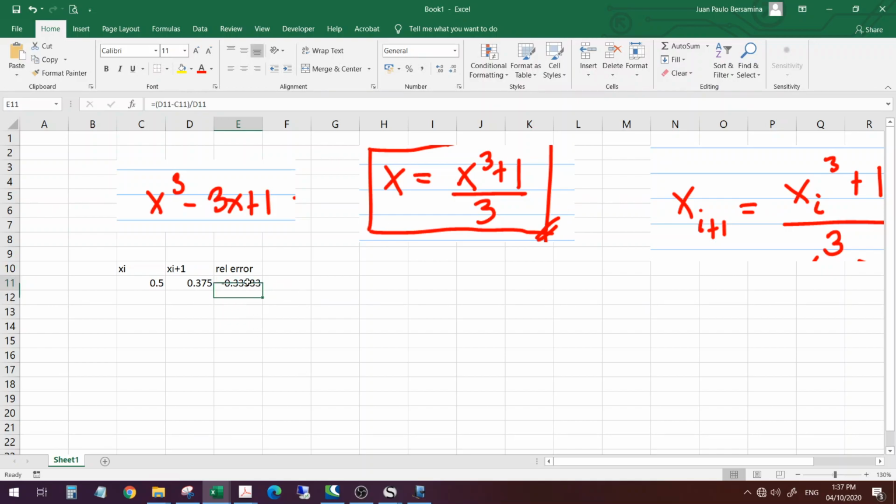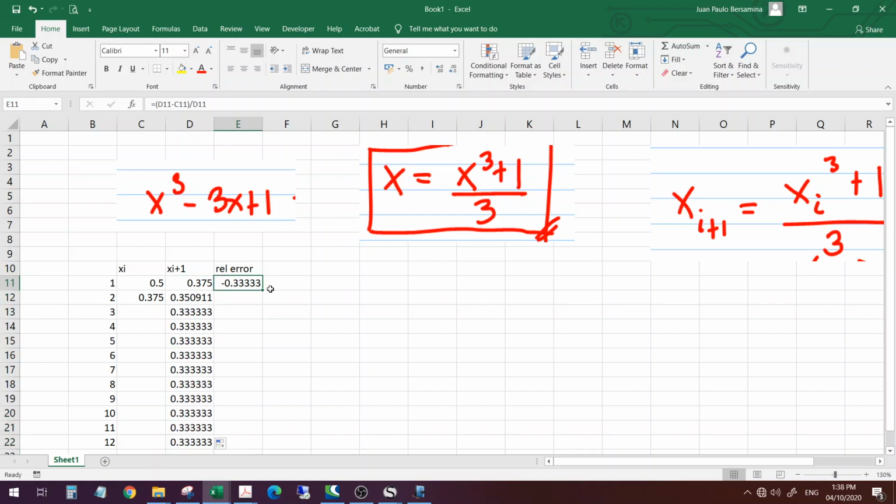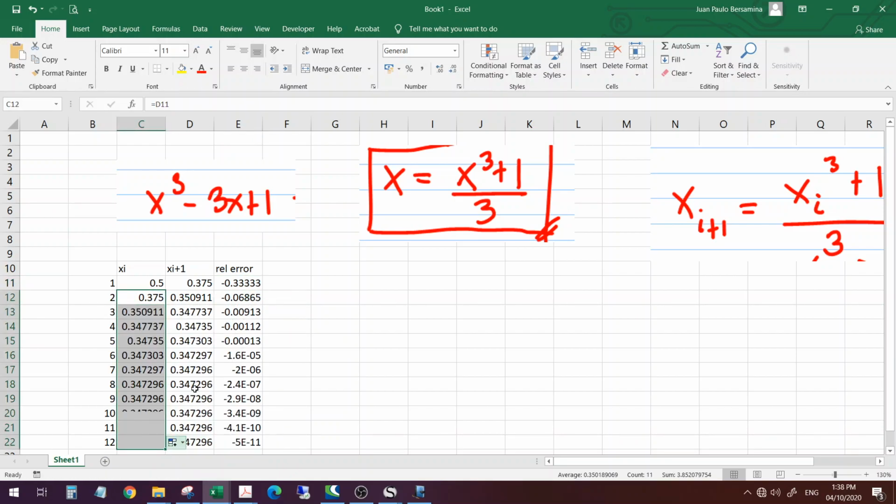So I got 0.33. So for our next iteration, this is iteration 1, iteration 2 equals 1 plus this. Then I'll drop down this. So our next iteration will be this one, x sub i plus 1. So I'll just drag the formula and this one, and also drag this.